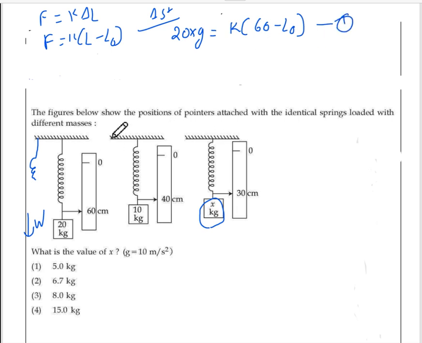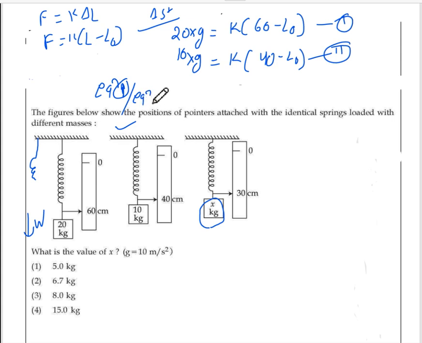For the second object, I can write 10 into g equals K into 40 minus L naught. This is equation 2. If we divide equation 1 by equation 2, g gets cancelled and K gets cancelled. It becomes 2 by 1 equals 60 minus L naught by 40 minus L naught.